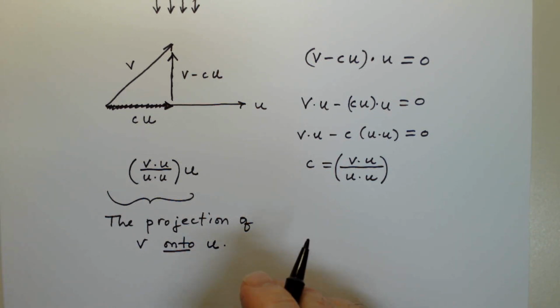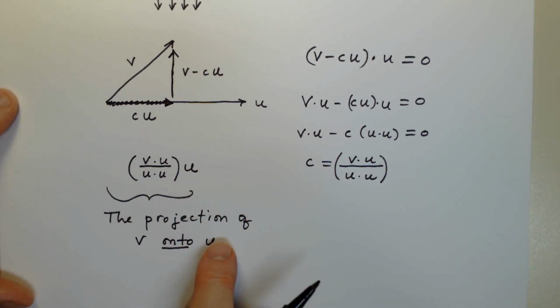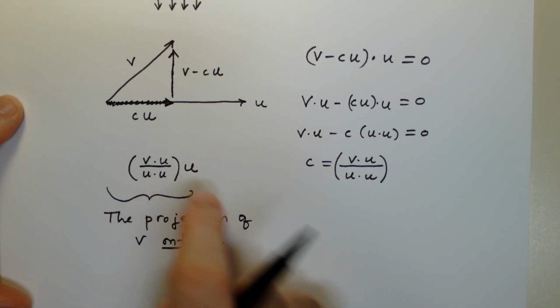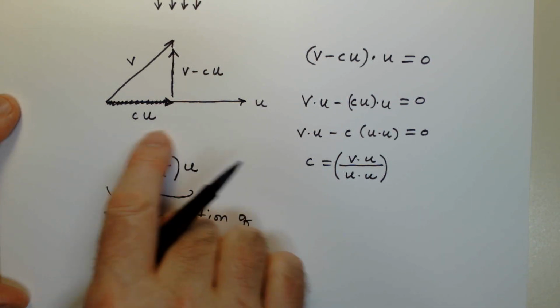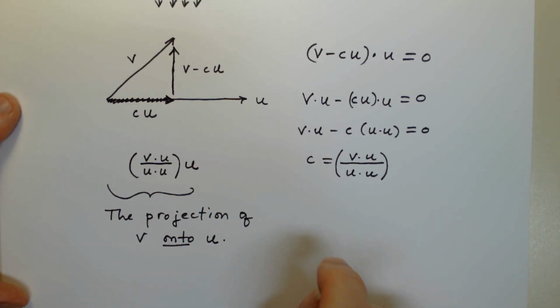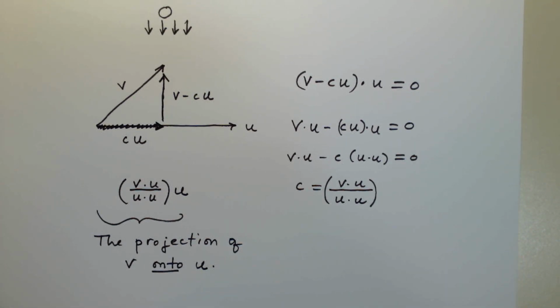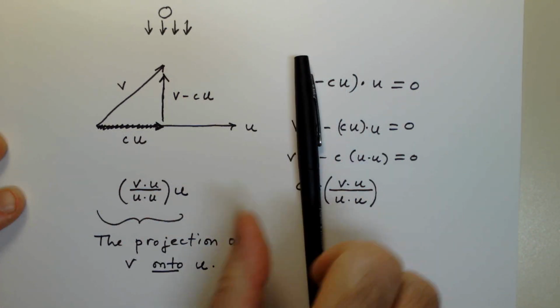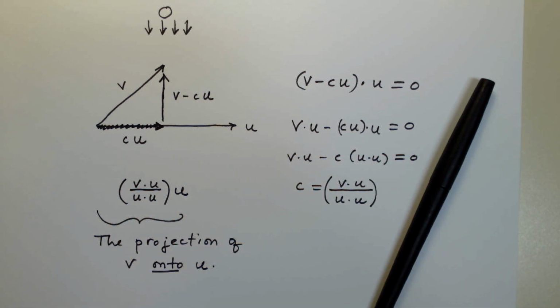And the important thing here is when we're doing a projection of v onto u, we're going to end up with a vector that's in the direction of u. It's going to be a scalar multiple of u. All right, now what I want to do is go back to the class notes and we'll take up this concept of projection in a little more detail and we'll do a calculation with these projections. So join me back at the class notes to pick this topic up in a little more detail.